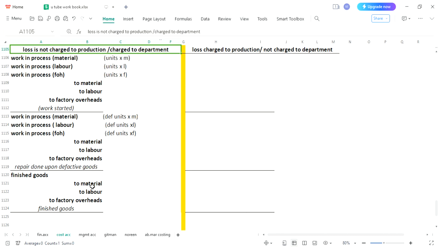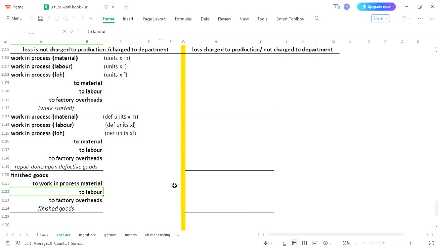The final entry is your finished goods, and here you will put your work in process over here, and here as well work in process, and you will use the same for the third as well, work in process.